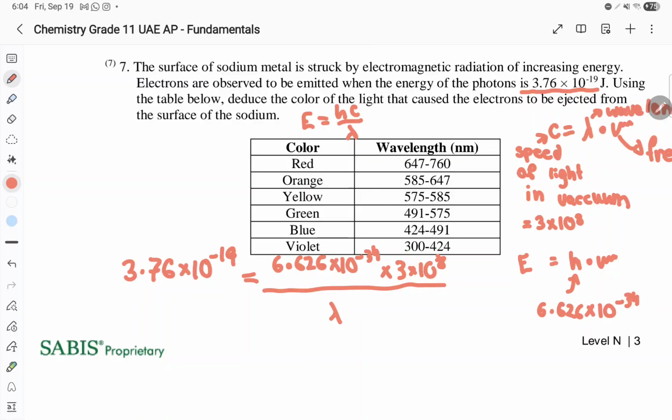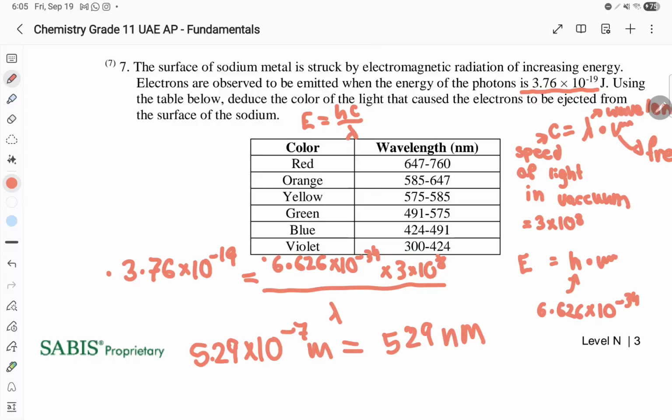If you have a calculator with a solve button, just do it there. If you don't, just multiply these two numbers and divide by this number, and you're going to get 5.29 times 10 power negative 7 meters, which is equal to 529 nanometers, because nano is times 10 to the power of negative 9.